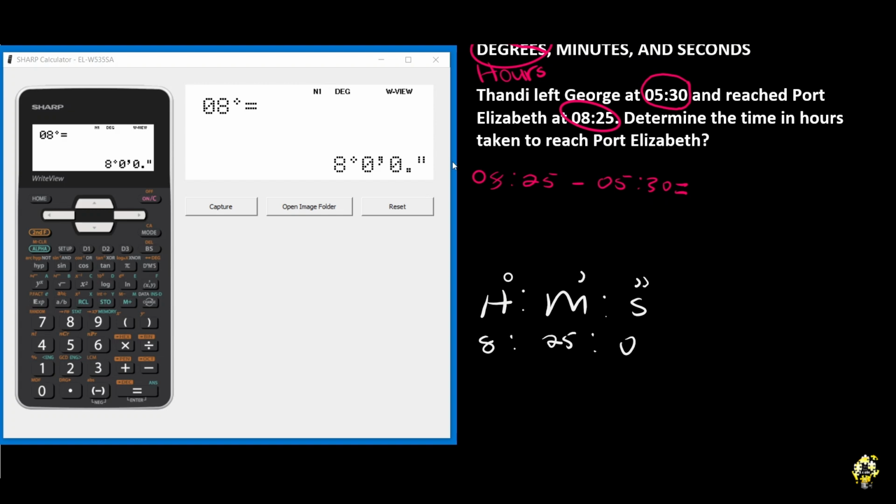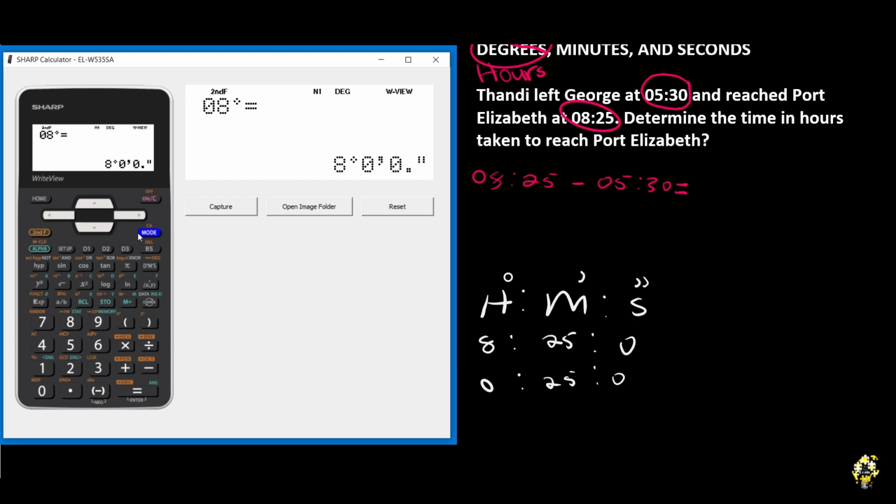So it's 8 hours. But let's say I didn't have 8, I only had 25 minutes. How would I input that on the calculator? Well, this is what you would have to do.